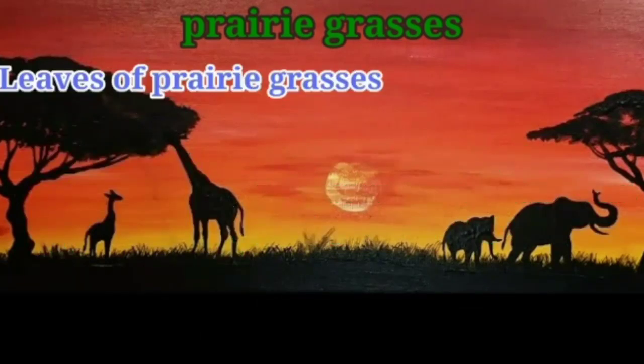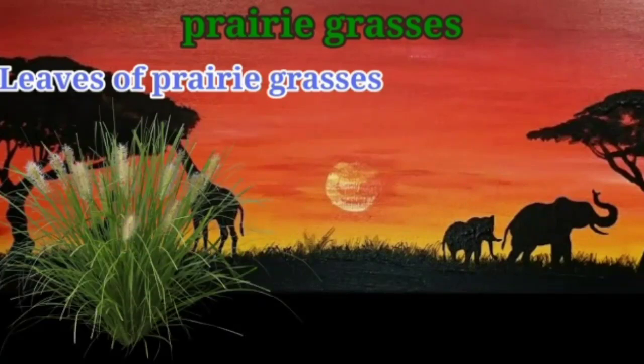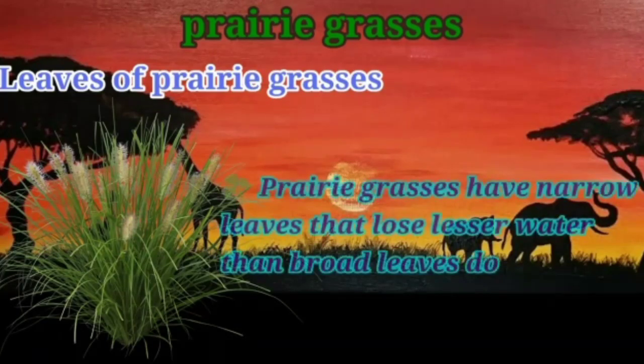Okay, next see the leaves of grasses. The grasses have long narrow leaves that lose less water than the larger leaves. So the narrow leaves do not need as much water. That is, the grasses have narrow leaves that lose lesser water than broad leaves do.